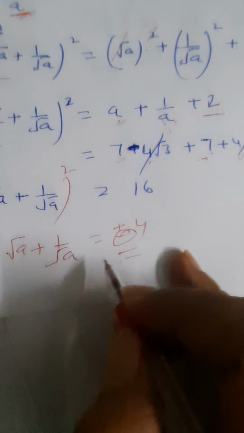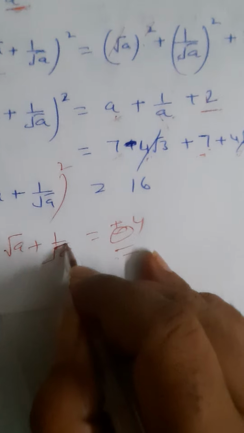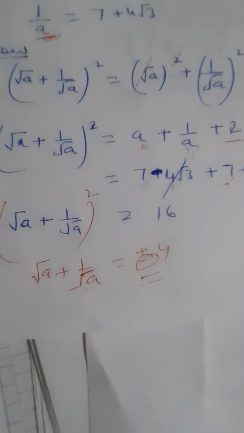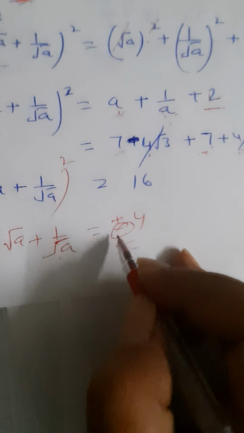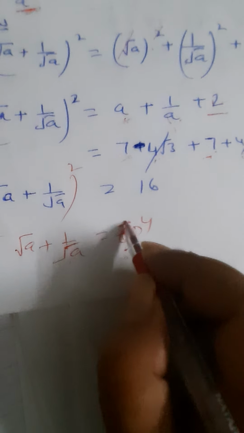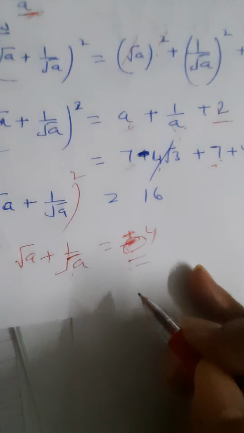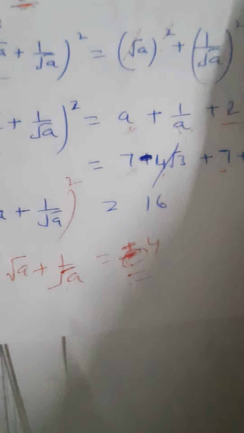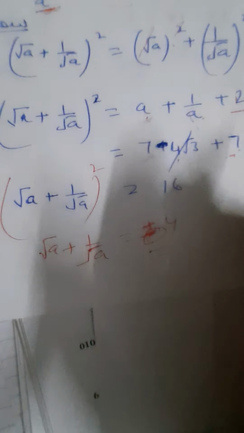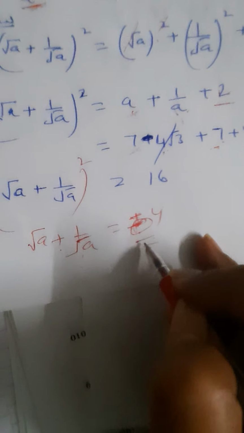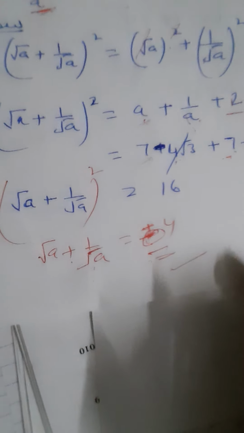Minus 4 I can't take because sorry plus minus 4. Then I'll just check कि is it possible to find out root a plus 1 by root a. So now that is plus minus 4. Okay.